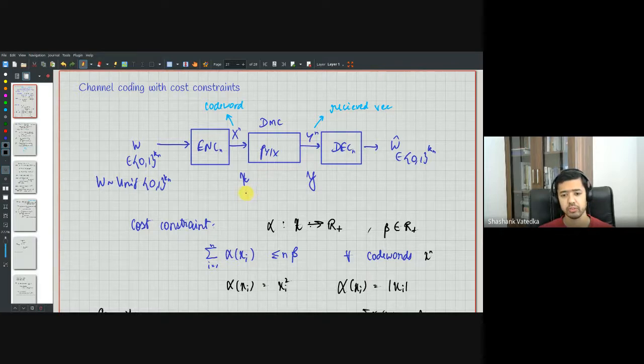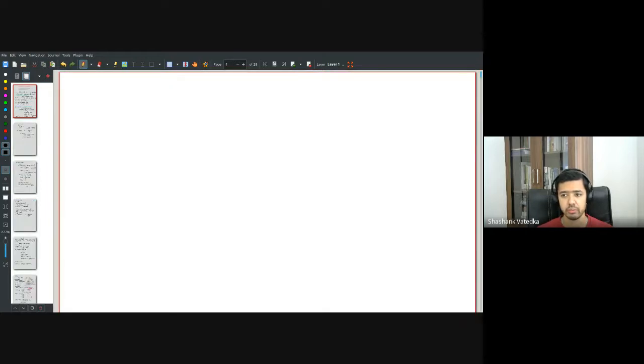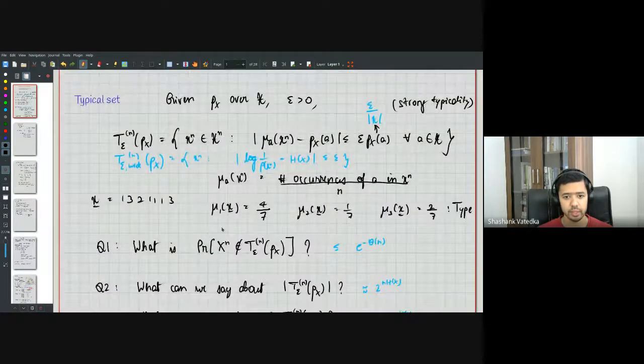There's a little bit of nuance involved over there, but the techniques as is do not extend to continuous alphabet channels, and the reason is because our proof technique has basically involved typical set decoding, right? The definition of the typical set really hinges on the fact that the alphabet is finite, right?